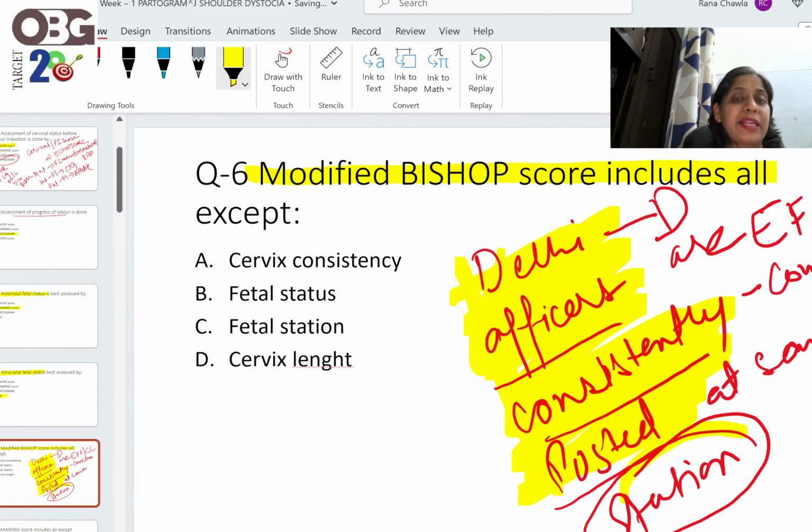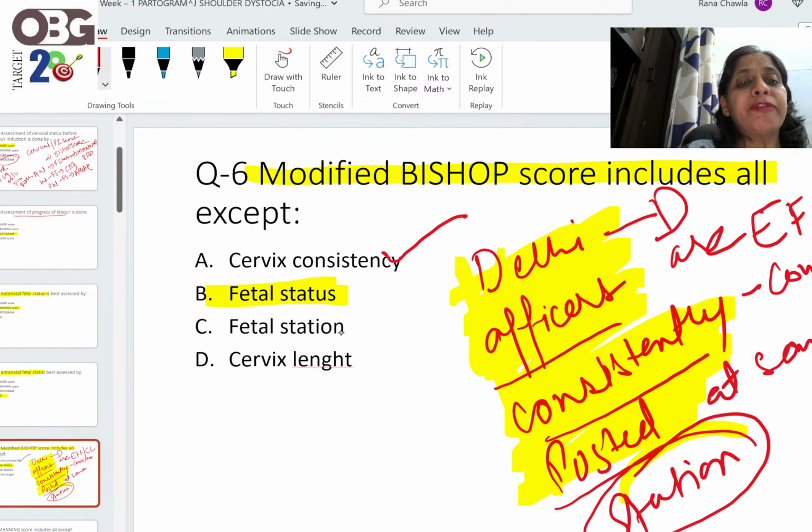I always tell you why we have put this fetus station in the cervix status, because the more the fetus station comes down, the more pressure it puts on the cervix. So the answer to this question is fetal status. Cervix consistency is there, fetal station is there, cervix length is there.